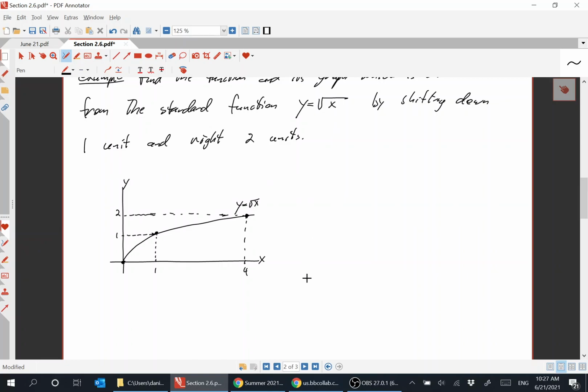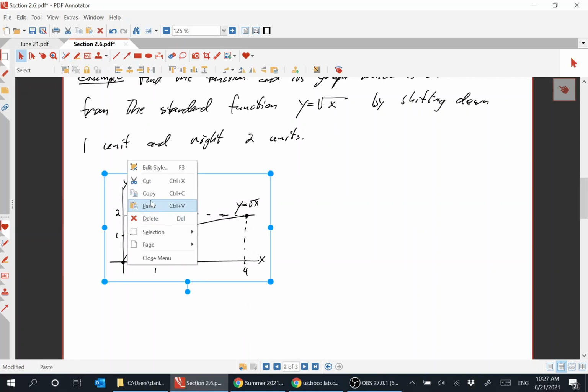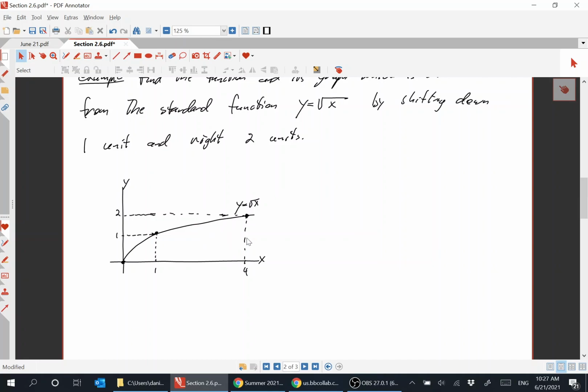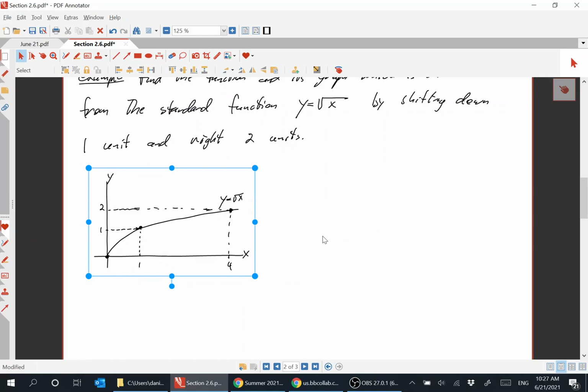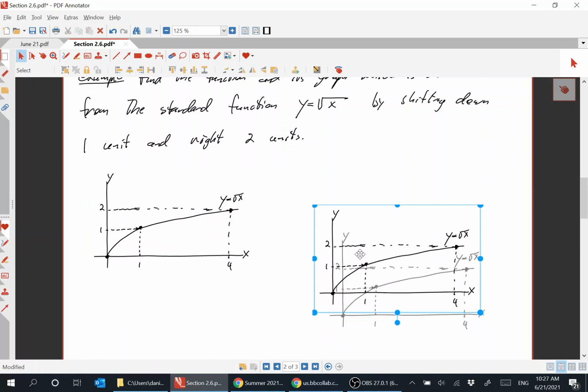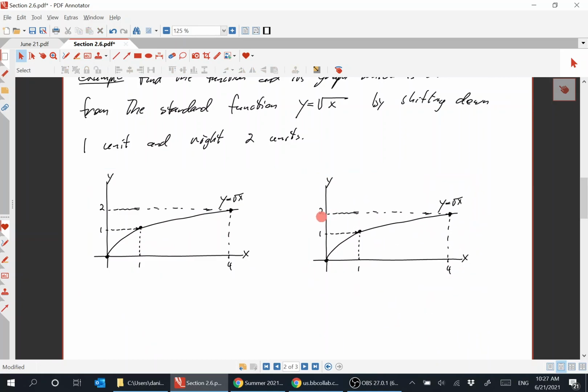So let's take that graph. And we're going to shift it down 1 unit and then to the right by 2 units.